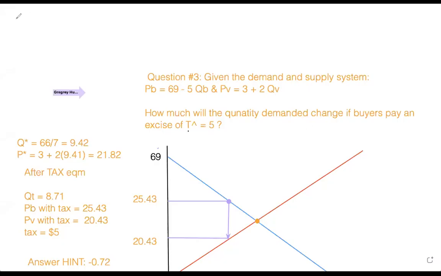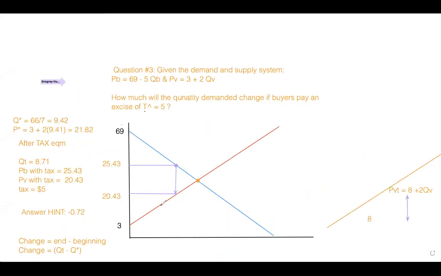So remember, we've already worked most of this stuff out, right? So this was our buyer's price 25.43, our seller's price we said was 20.43. And again, you should all have this diagram now that we've constructed it, because now we'll be able to answer most of the questions.